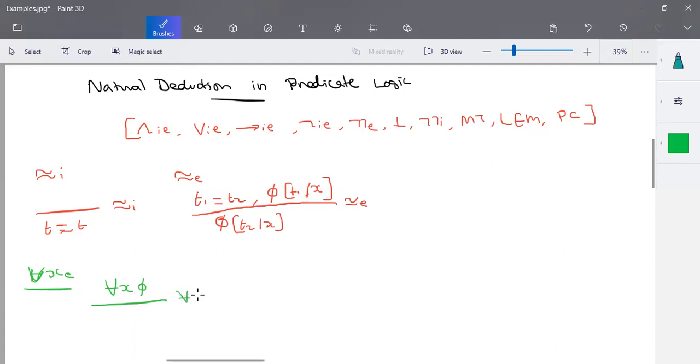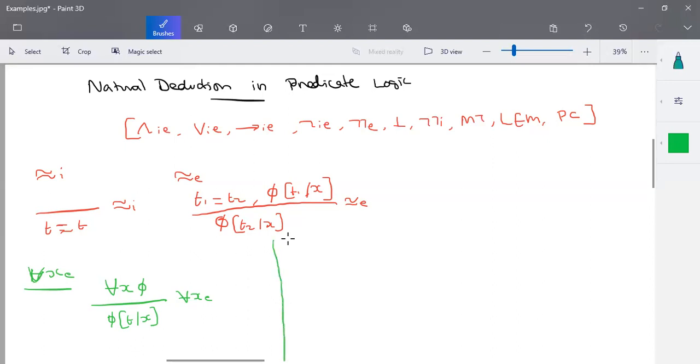So we can directly eliminate this for all x, and write the formula with a term t substituted for x. The formula works for every substitution of x, so surely the term t will work. So I can rewrite the formula with t instead of x. This is your for all x elimination.